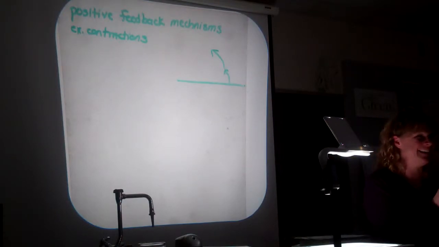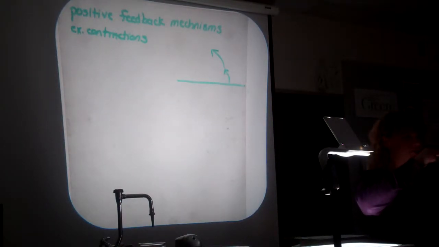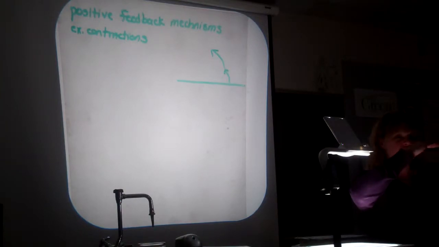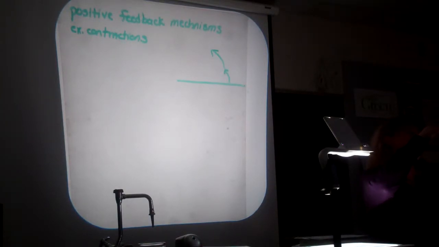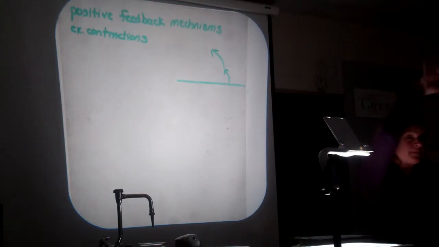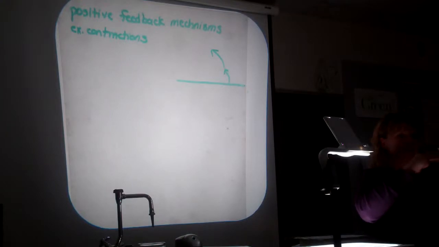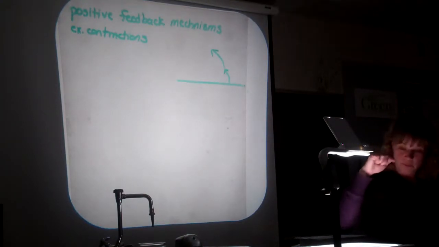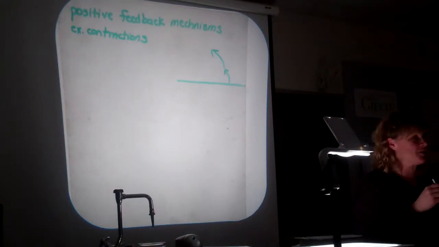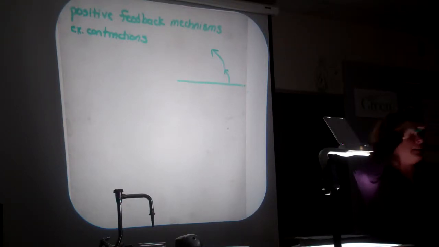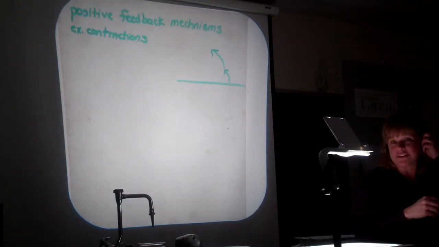Here's the deal though. When a woman starts having contractions, they get stronger and stronger and stronger, and more painful, until the baby comes out. That's a positive feedback mechanism. Those contractions better get stronger and stronger, or baby's never going to come out. Once baby pops out, negative feedback will kick in to remove the contractions. But this is a classic example of a mechanism in your body that once stimulated keeps going further and further until the job is done.